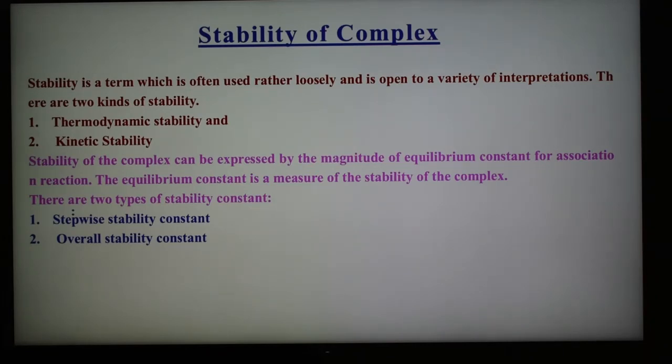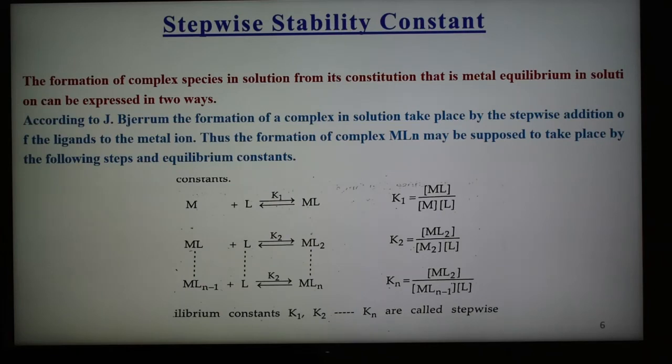Based on that, there are two types of stability constant: one is the stepwise stability constant and the second is the overall stability constant. This is an important part of this topic. First, what is meant by the stepwise stability constant? In this case, the formation of the complex species in solution from its constituents, that is metal and ligand, can be expressed in two ways, as shown here.